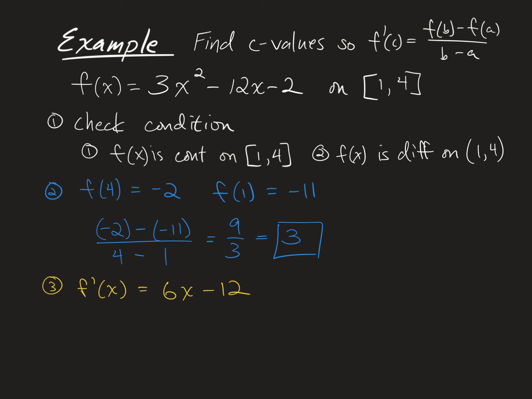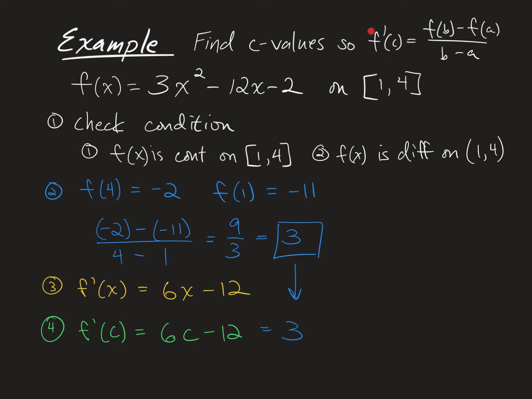So then the last step here will be to set the derivative at c, which would be 6c minus 12, equal to 3, which we found up there. Right?